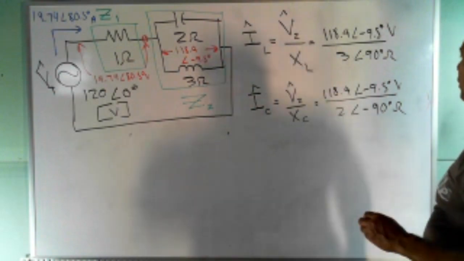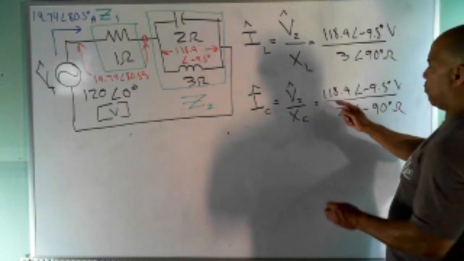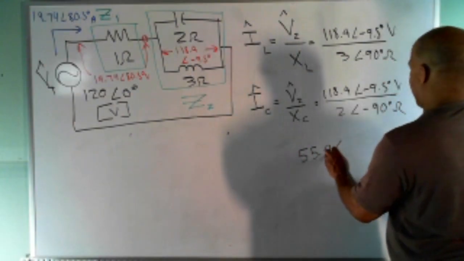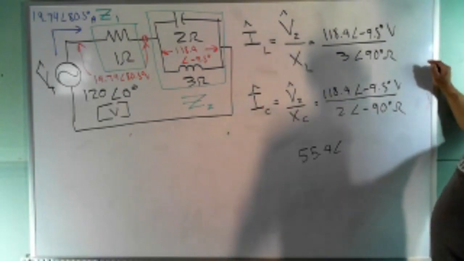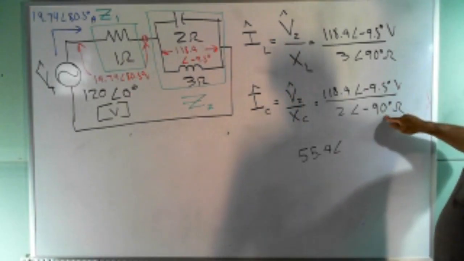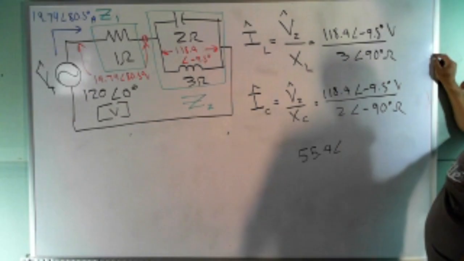All right, so what's that? Half of 118.4 is 59.2. Shoot, so we get 59.2 angle, it'll be what? What's 90 minus 9.5? Why can't I do that in my head? 89.5?